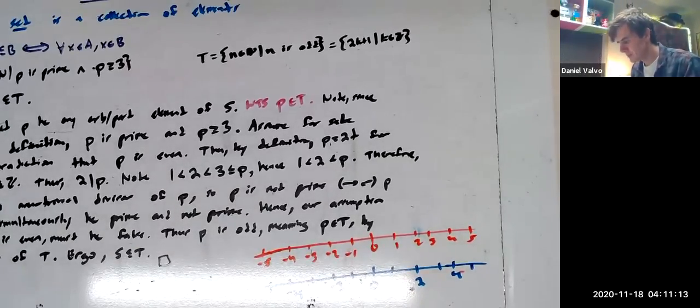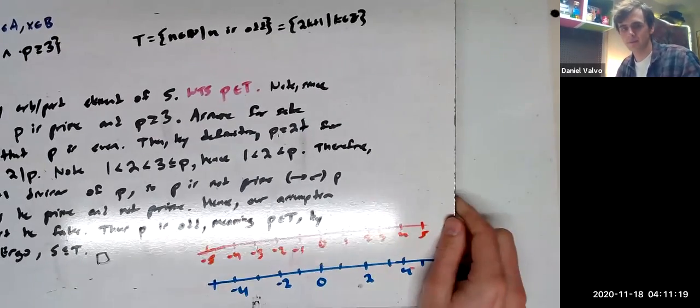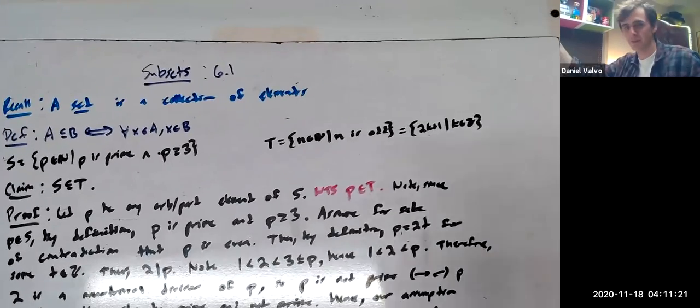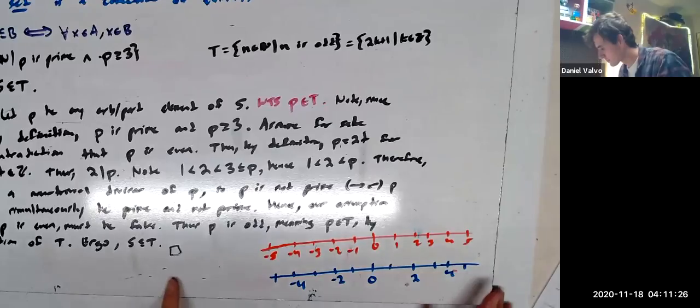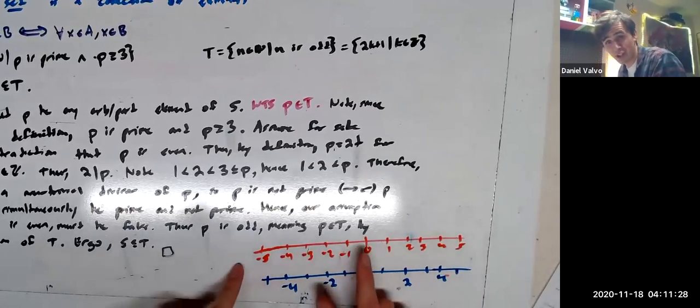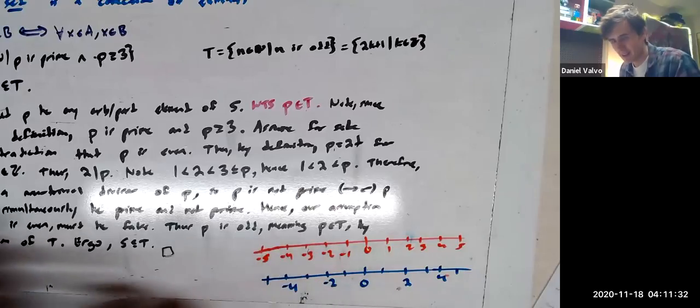So it looks like there's infinitely more integers than even numbers, because you're going to have all the odd numbers.